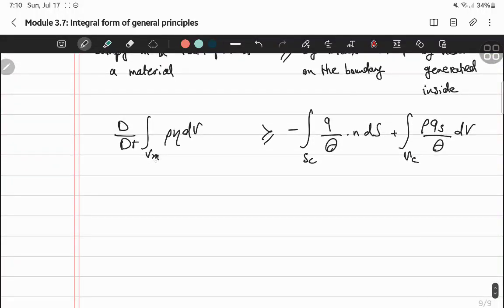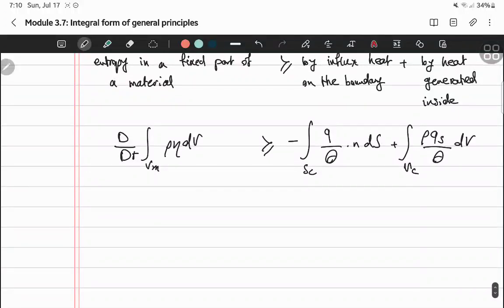So here you have to be careful in all the equations that we developed in this module. Here, this is your control volume or surface. Sc is here and Vc is inside this.